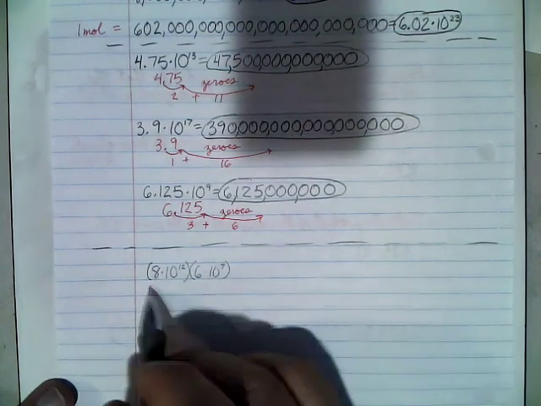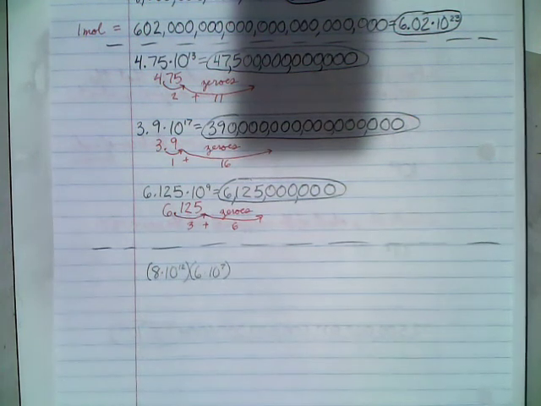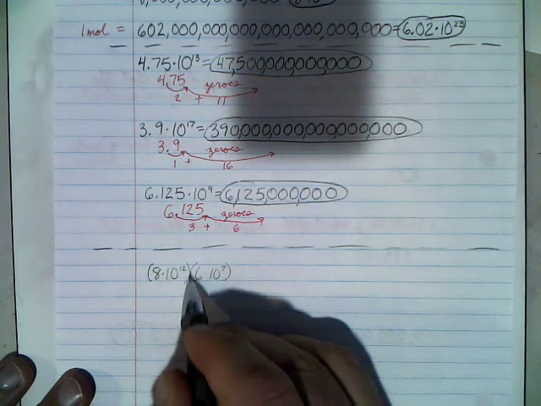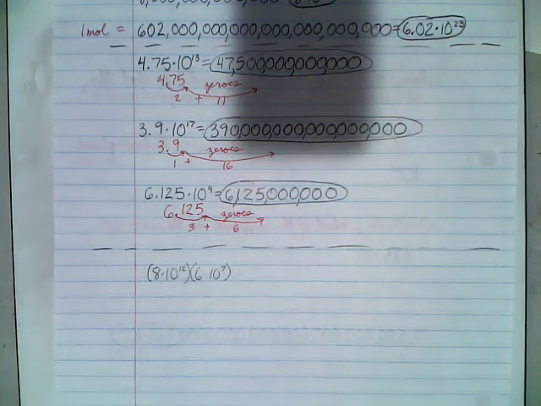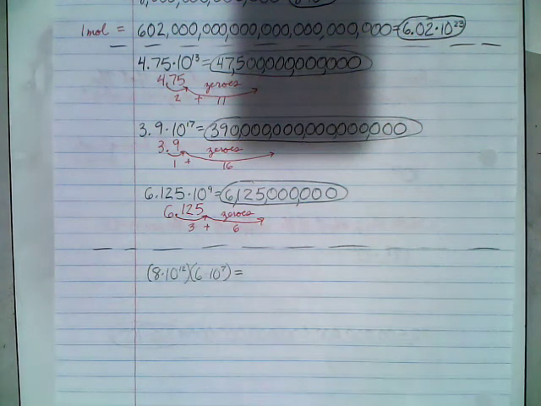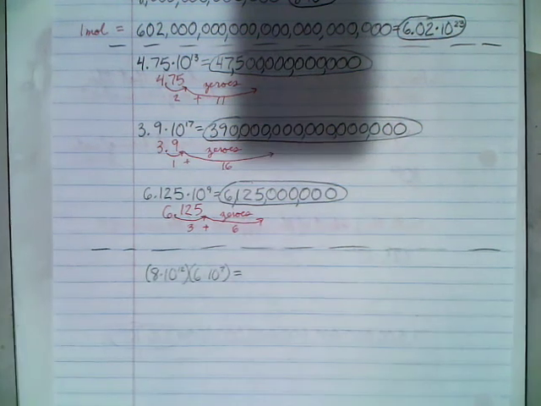Now, in the end, this really is all multiplication. These are being multiplied, these are being multiplied, and between them, they're being multiplied. Parentheses next to parentheses means multiplication. So the short of this is multiply your coefficients, multiply your powers of 10.